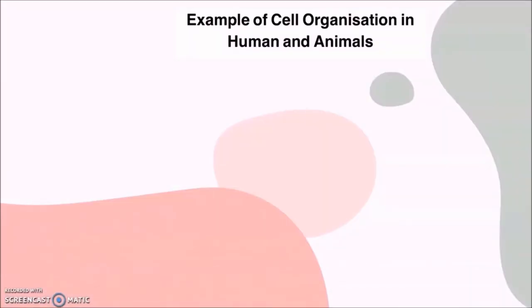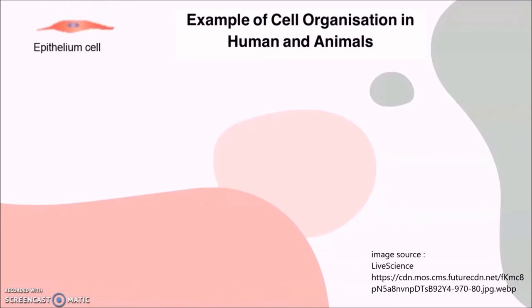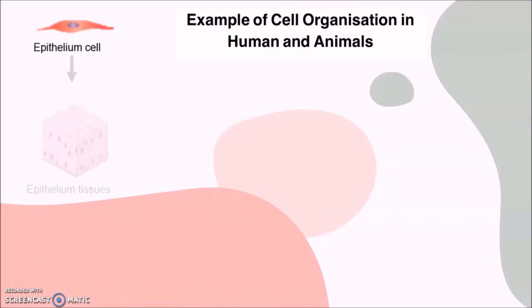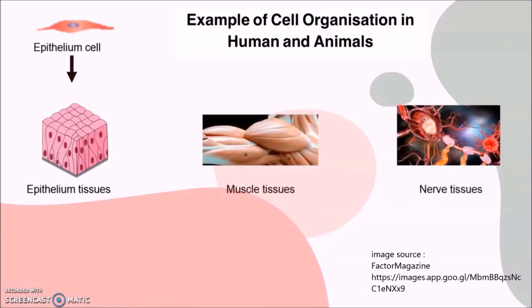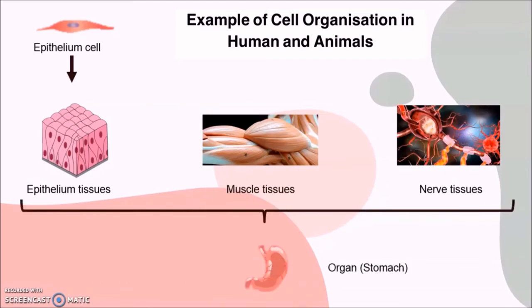So, this is an example of cell organization in humans or animals. A group of epithelium cells combine to form epithelium tissues. And when a group of different tissues, which are epithelium tissues, muscle tissues, and nerve tissues, work together to perform a specific function, they form an organ, which is the stomach.